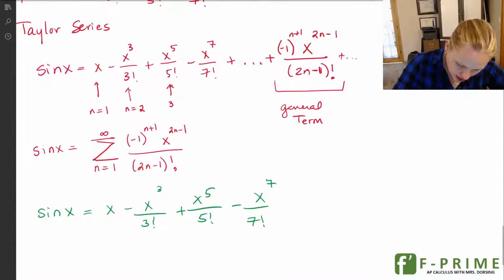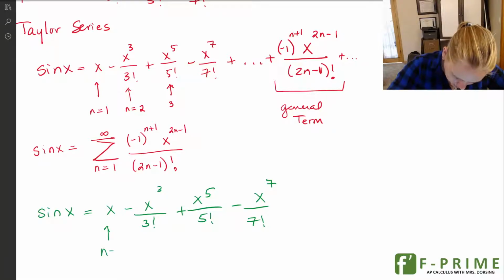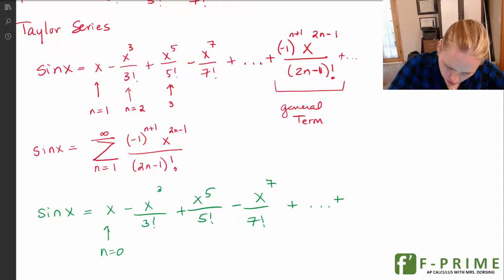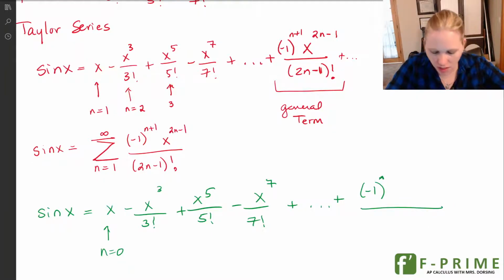Then my nth term looks just ever so slightly different. I'm still going to have negative 1 there to some power of n, but this time it's just going to be to the nth power, because when you do negative 1 to the 0 power, it makes it positive, so I don't need to worry about doing the plus 1 if I start at 0.